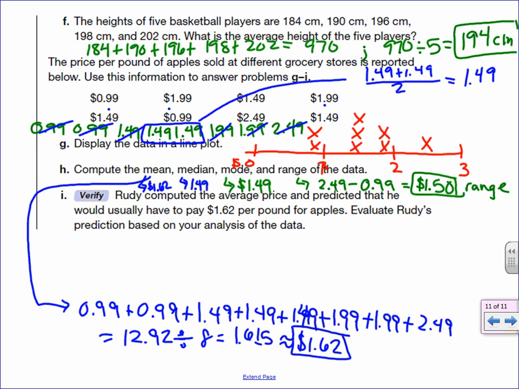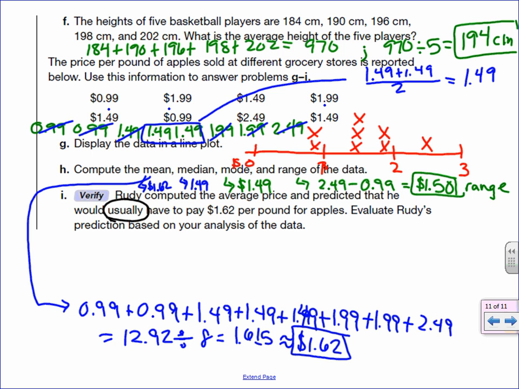Last problem. Rudy computed the average price and predicted that he would usually have to pay about $1.62 per pound for apples. Evaluate Rudy's prediction based on your analysis of the data. So if he says he would usually have to, that's not entirely true, because the most often would have been $1.49.